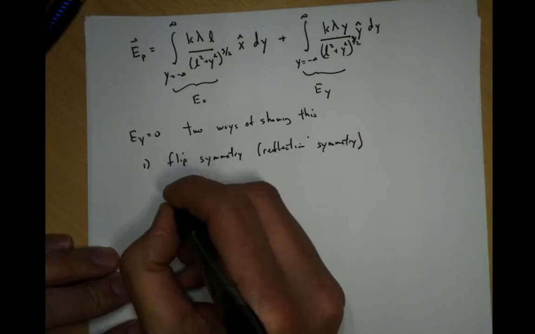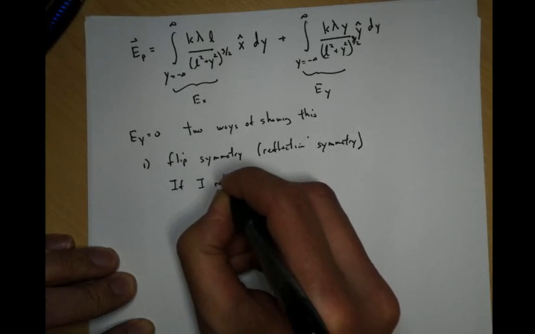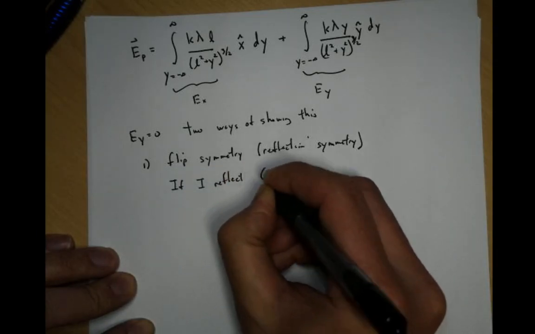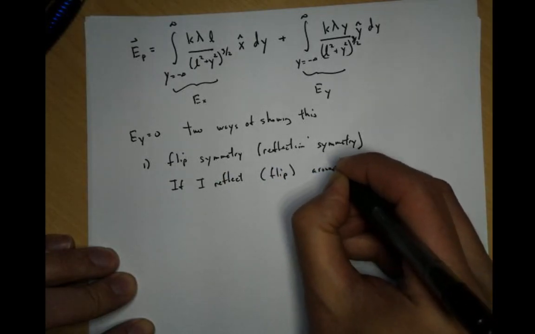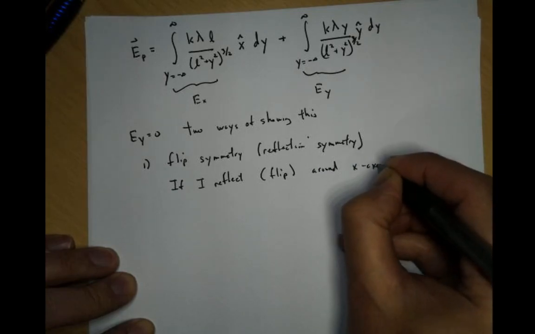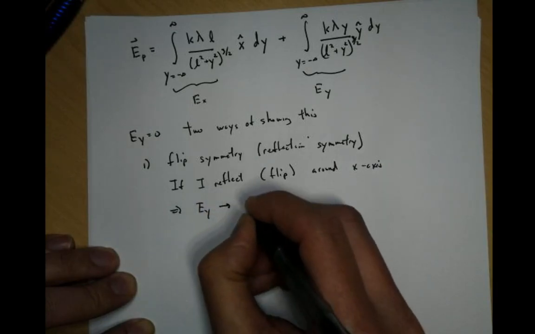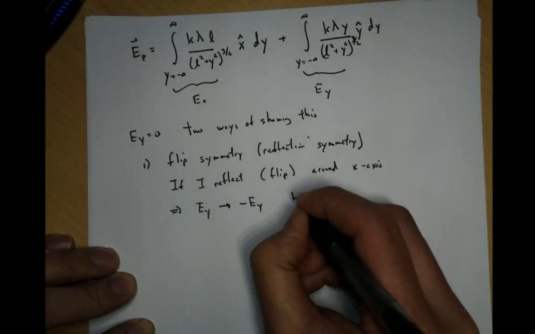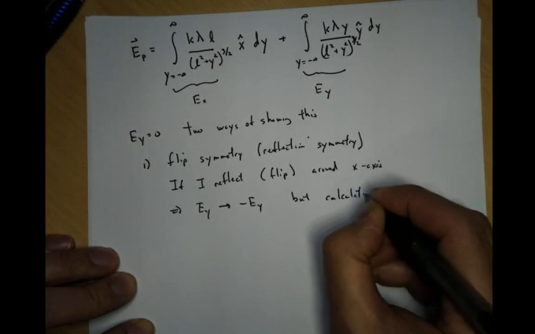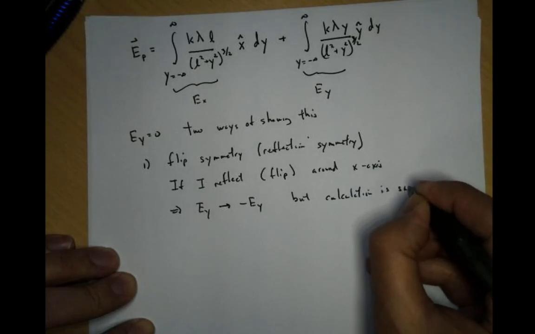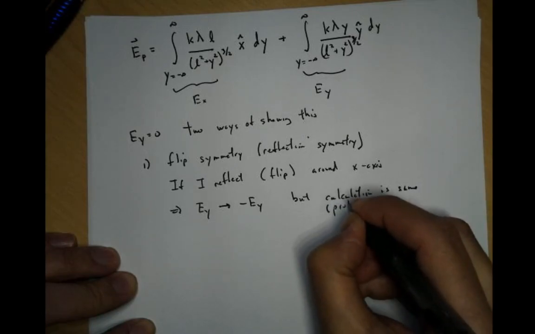So if I reflect, or flip, around the x-axis, this implies Ey goes to minus Ey, but the calculation is the same, which is the same as saying the problem is the same.